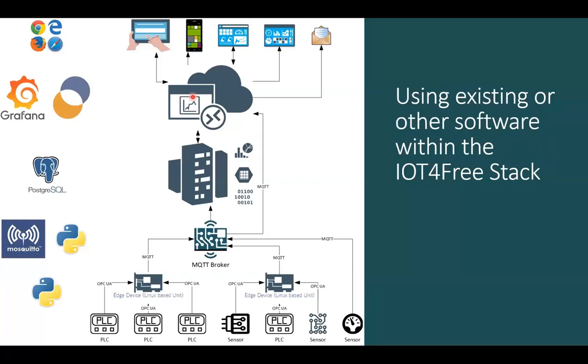As previously mentioned, any part of the stack can be replaced by software that you may already have, licensed, paid for, or just sitting on your shelf. For example, you may need to connect additional device types that require protocols other than OPC UA.